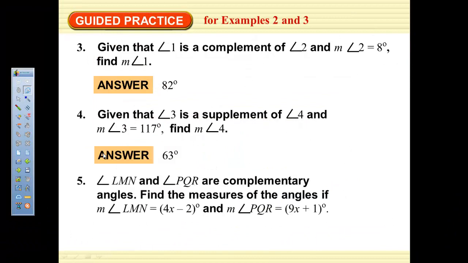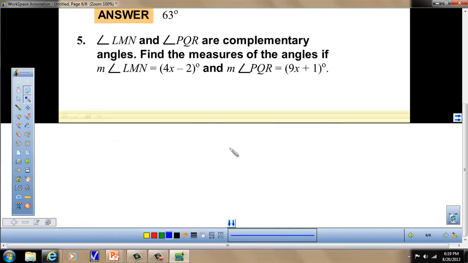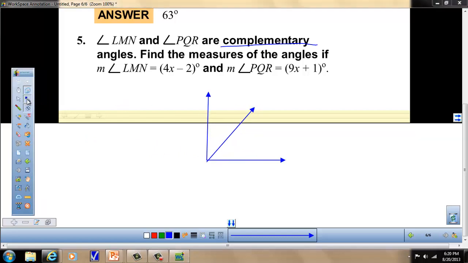63. And for this last one, I'm going to need a little bit of room. So we'll take a look. These are two angles that are complementary this time. So complementary is important. Draw a picture because it's not there. So I'm going to draw a line going up, line going over. We've got our 90 degrees. We don't know what these look like, so we'll just kind of randomly draw a line. And we'll call this L, we'll call this M, we'll call this N here, so that we get 4x minus 2 here.